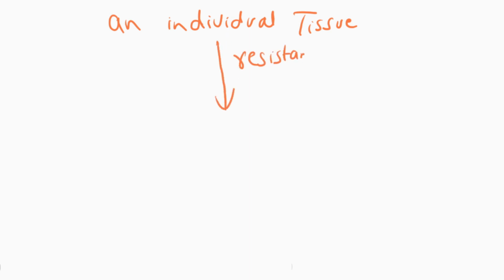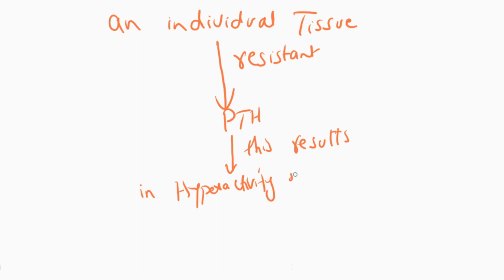If an individual's tissue becomes resistant to parathyroid hormone, this results in hyperactivity of the parathyroid gland, but the parathyroid hormone does not perform its function.